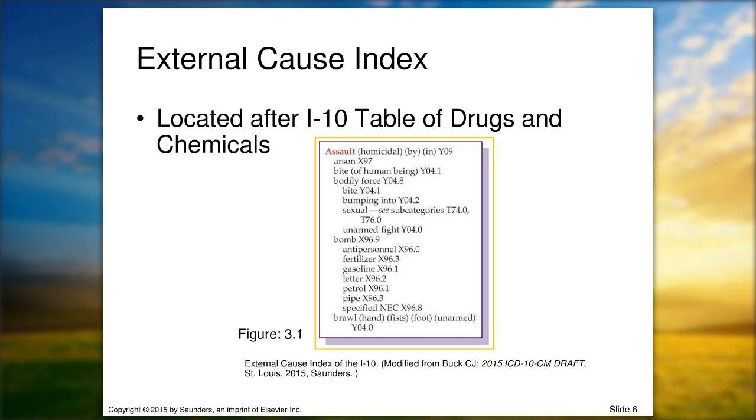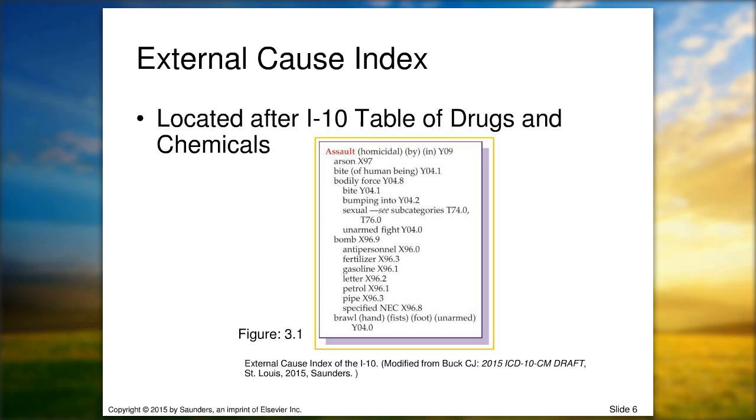But page 1597 in the back of your ICD-10 book is your External Cause Index. You want to tab that because that is another section you will be referring to. And you have to keep in mind when you are looking up your ICD-10 codes, if it is an external cause, you're going to this index first and not the alphabetic index.